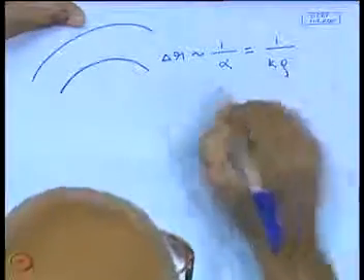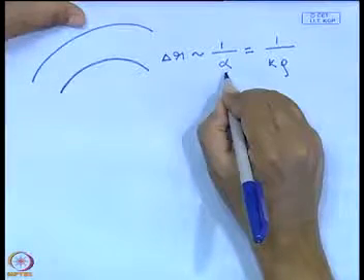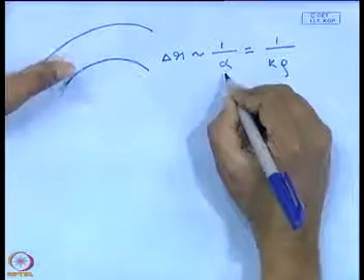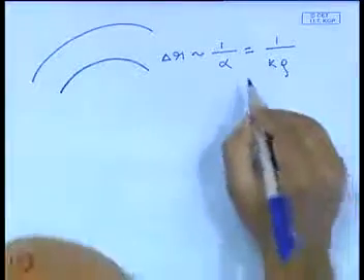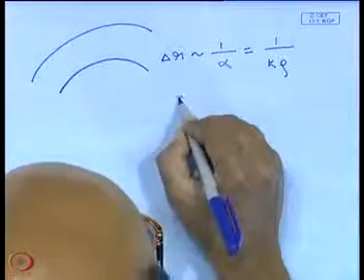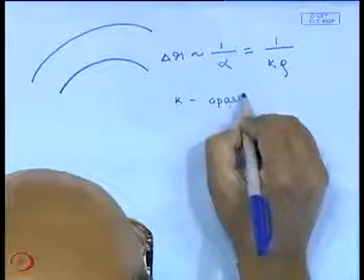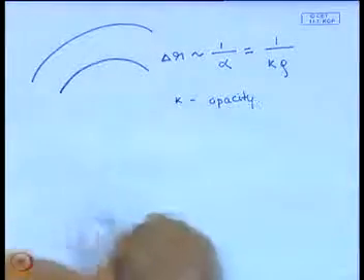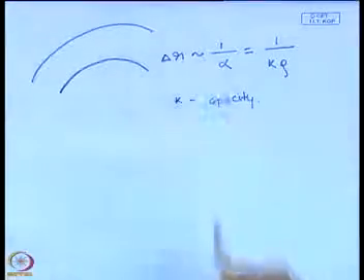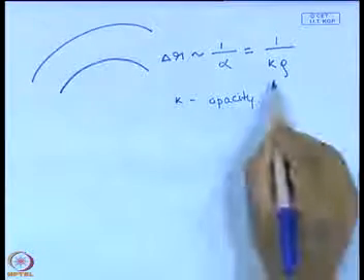So, this is the absorption coefficient per unit volume, right. That is how we had introduced it, alpha, and kappa is per unit mass. So, kappa is also called the opacity, and it is related to this alpha which we have been using, the absorption coefficient, through the density.